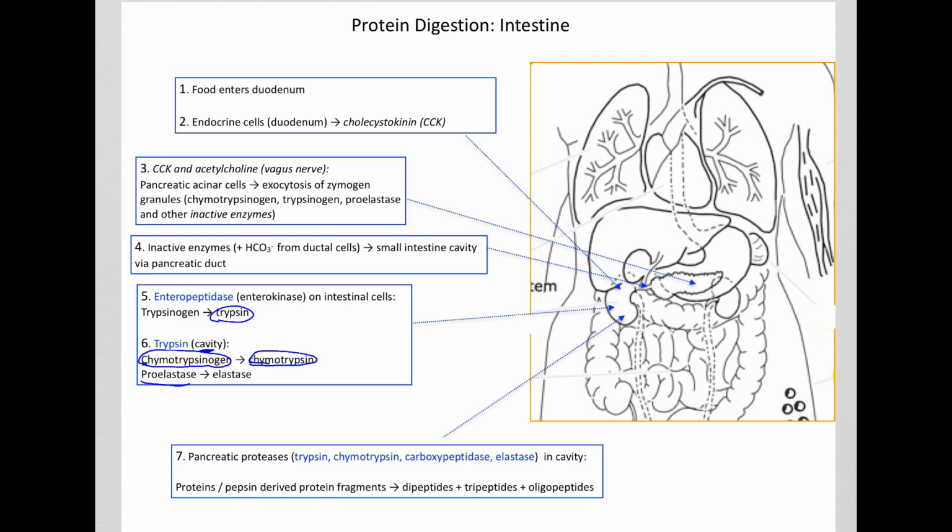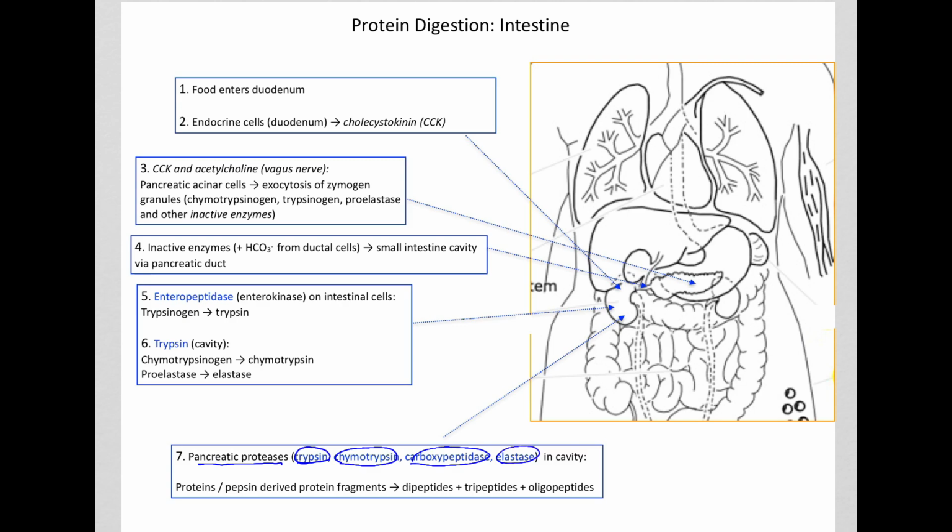Similarly, other inactive enzymes such as proelastase will be converted into the active elastase form. So all of these active enzymes that are now produced in the intestinal cavity, what we call pancreatic proteases, are trypsin, chymotrypsin, carboxypeptidase, elastase, and several more.